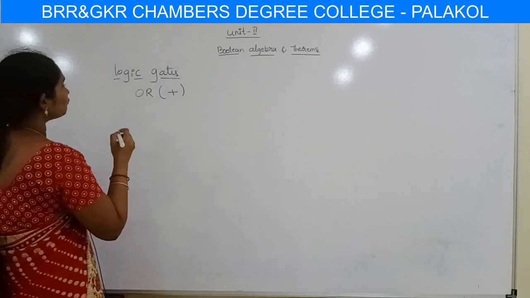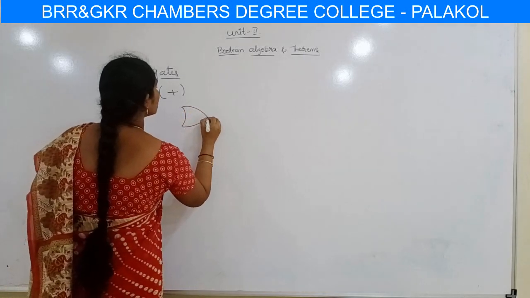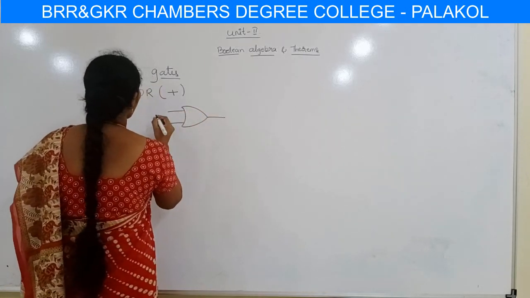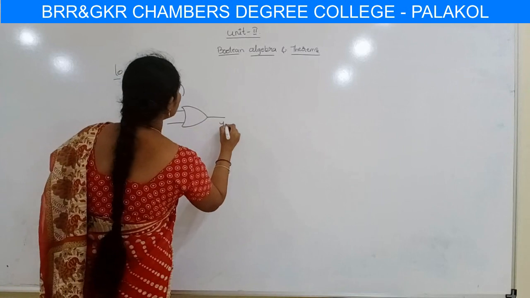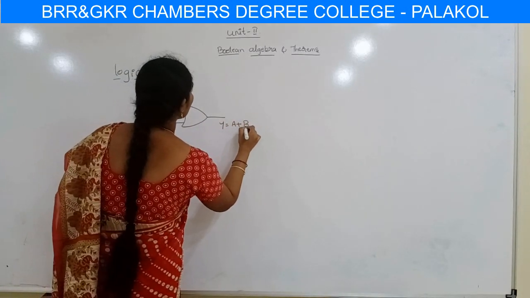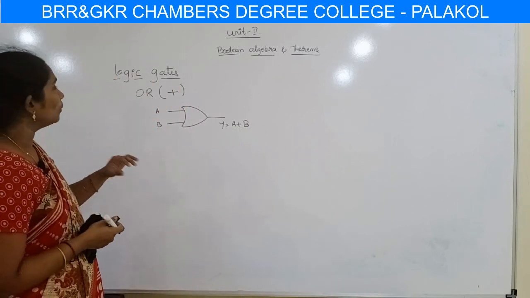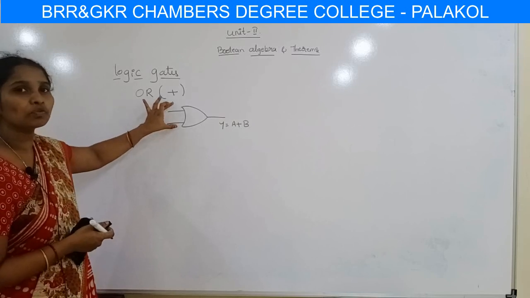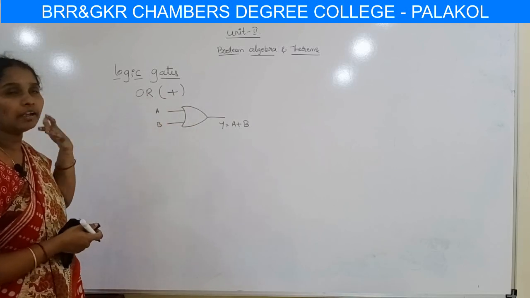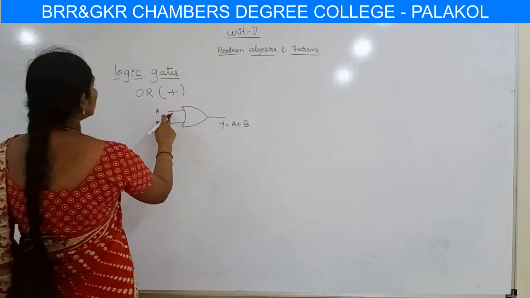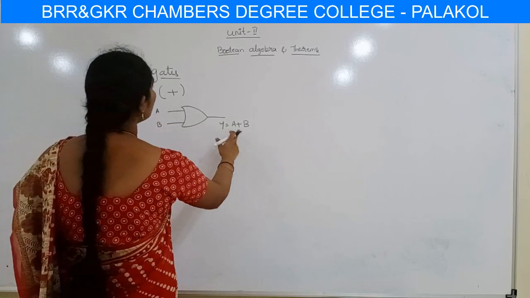Now the symbol for OR gate is this. It has two inputs A, B and y is equal to A plus B. So every logic gate can accept one or more inputs. So you can apply 3 inputs, 4 inputs, any number of inputs to this gate, and the AND gate is also similar. So these are the 2 inputs and it will produce y is equal to A plus B.